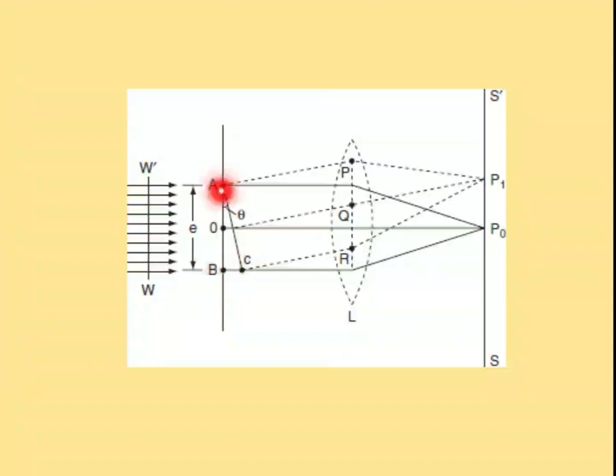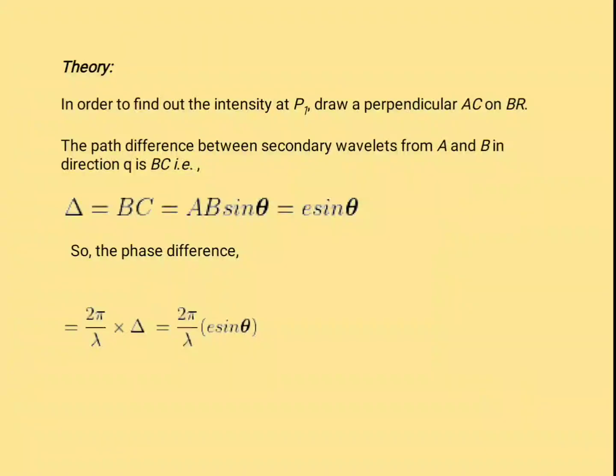But AB is the width of the slit, which is written as small e. So sin theta equals BC by e, and BC becomes AB sin theta, that is, e sin theta.